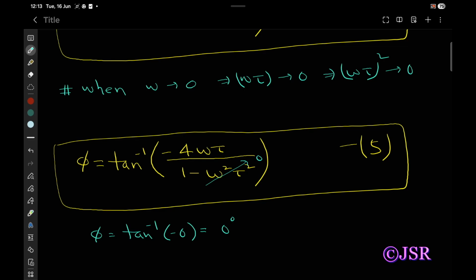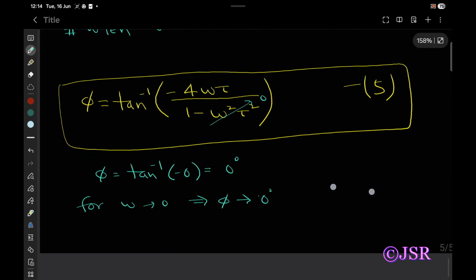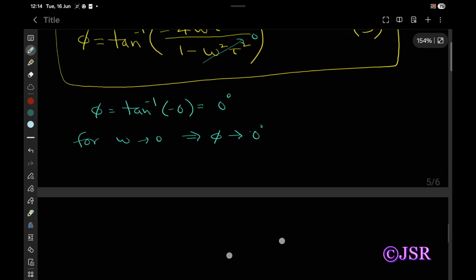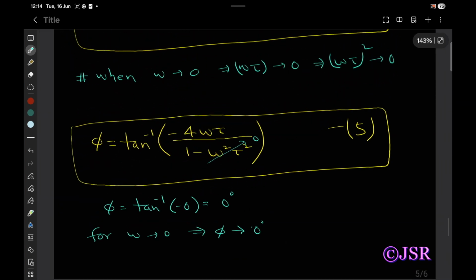So for omega tends to 0, the phase shift will also tend to 0. So this is the phase shift at the low frequency.